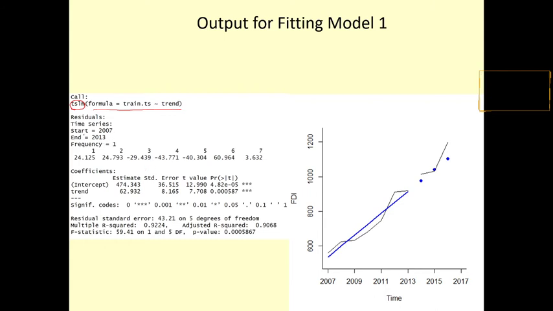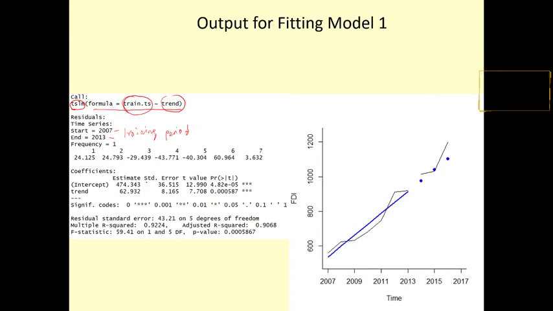We have this data, which is especially the training period, and in R we are training this with a trend. In R it is very easy because you just type trend and it automatically finds the trend for these observations.